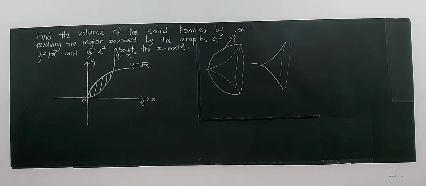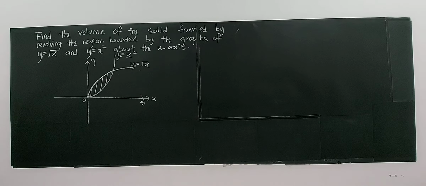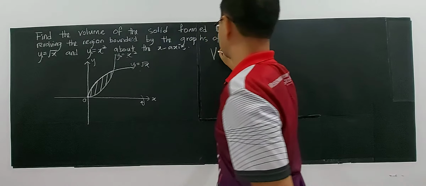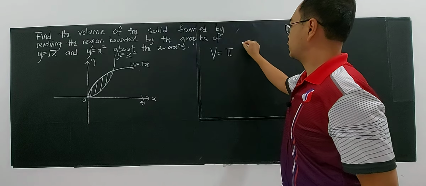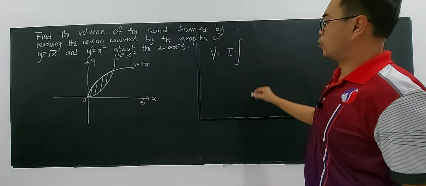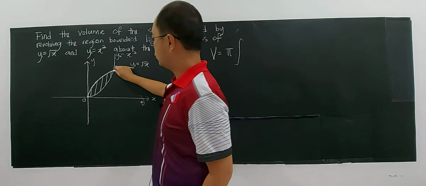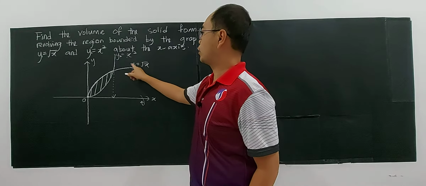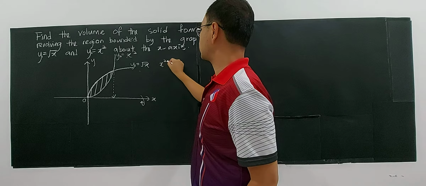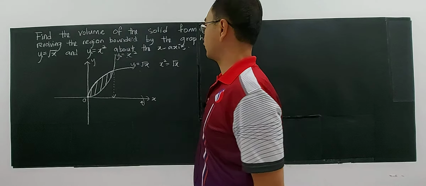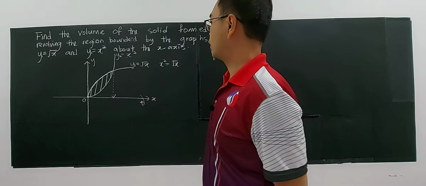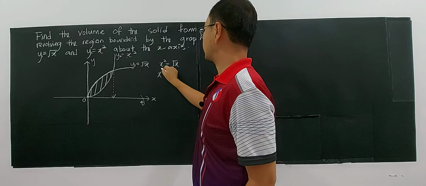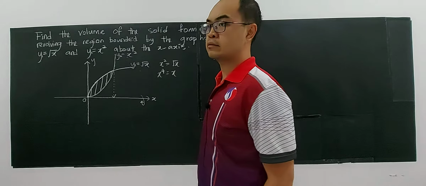Okay, I'm going to show you how to define the volume for this case. Let's define the volume generated by this region. It will be pi integrate from, all right, you have to know the intersection point. So I have to equate y1 to y2, meaning x squared equals square root of x. I square both sides and I will have x to the power 4 equals x.